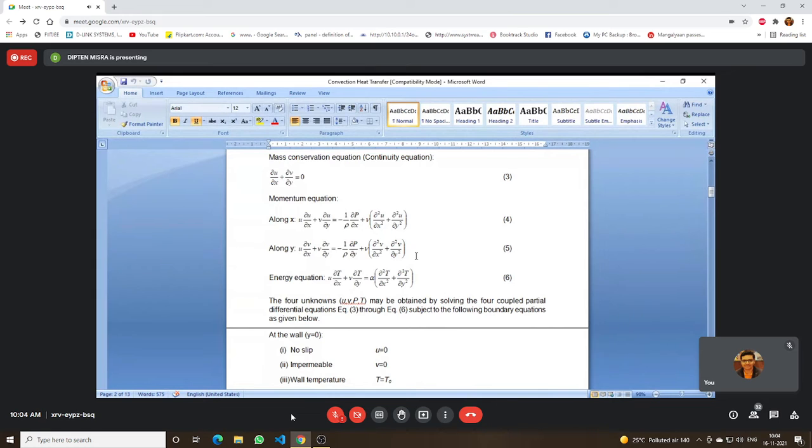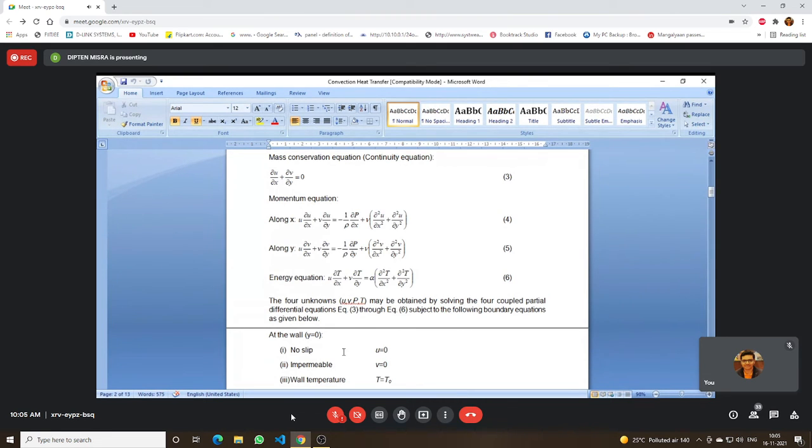Now, this set of equations we can solve. For this, we require to know the boundary conditions. At the wall, which is one boundary of the fluid, at y equal to 0, the velocity component u is equal to 0.